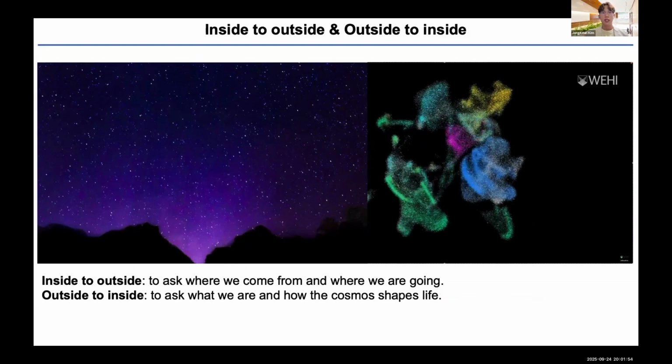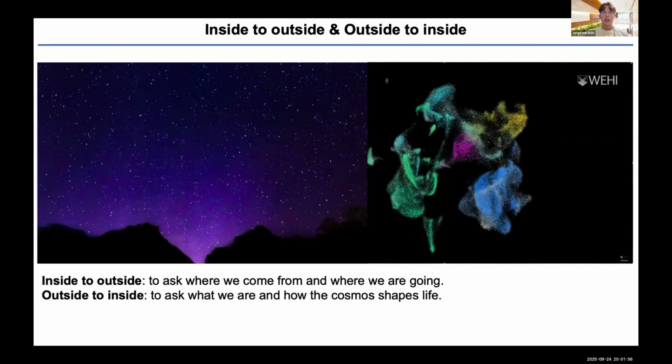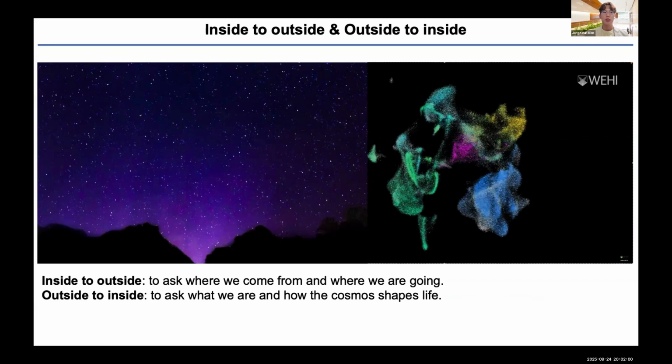Seeing the stars in the sky is a point of view from inside to out, and is connected to asking where we come from and where we are going. And when we look at light or a cell, it's a point of view from outside to inside, to ask what we are and how the cosmos shapes life.